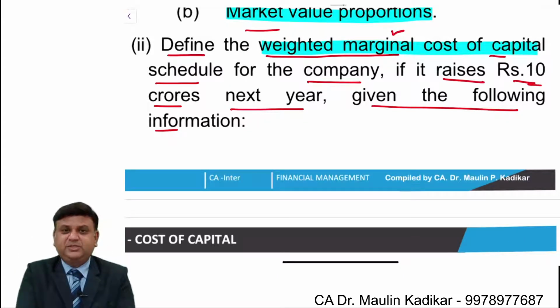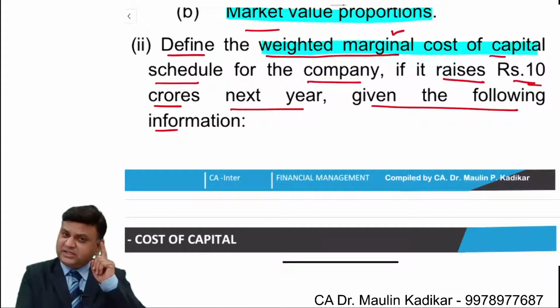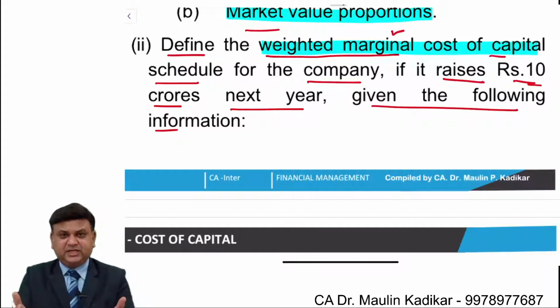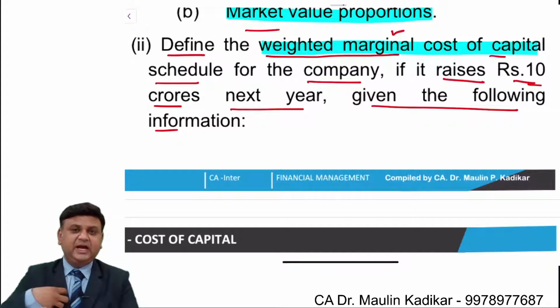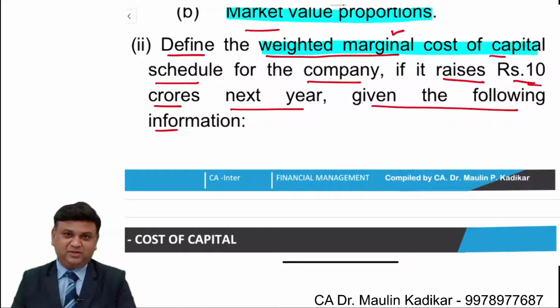Taking all this information into account, we are required to compute the cost in respect of only this additional 10 crore, that is, whatever the project in which we are going to invest this 10 crore, what is the minimum rate at which we have to earn from the business, that we are required to calculate.